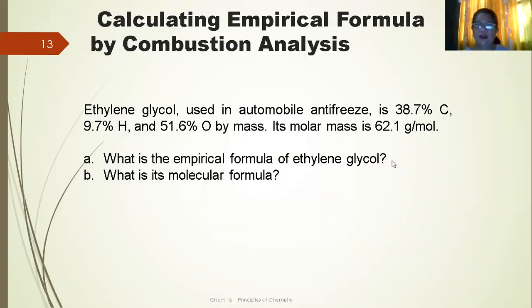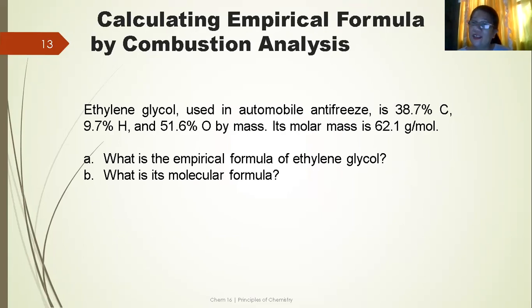Here, this is another example. Ethylene glycol is used as antifreeze in automobiles. The antifreeze there is the one that is needed in order to minimize the knocking in your automobile.